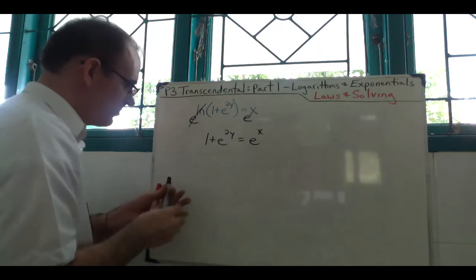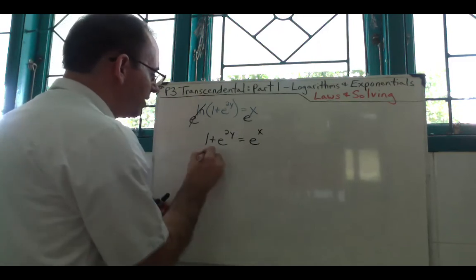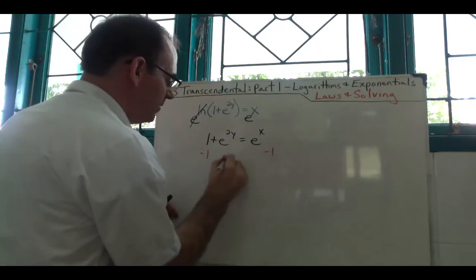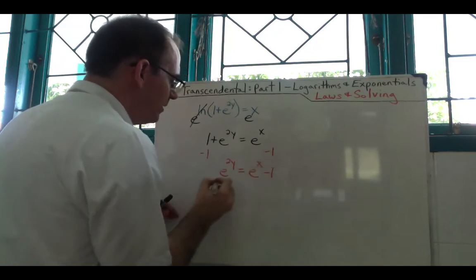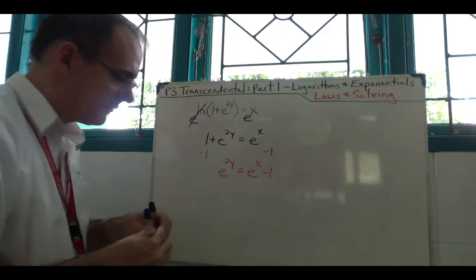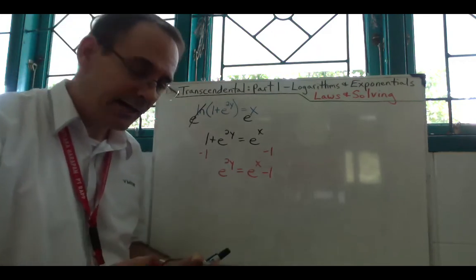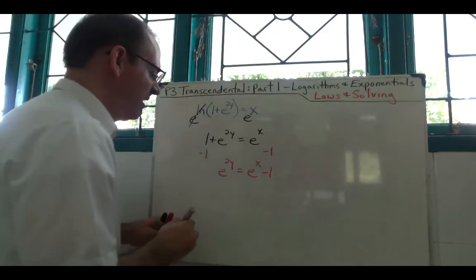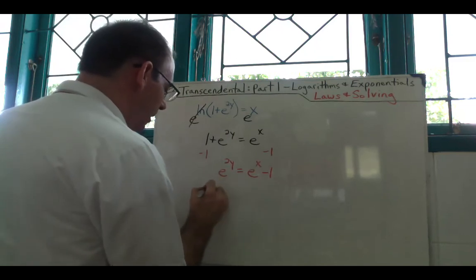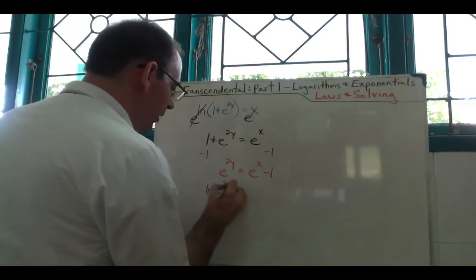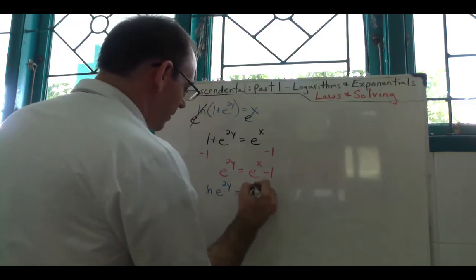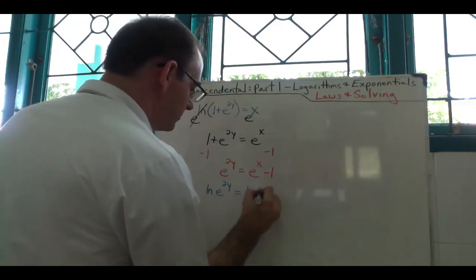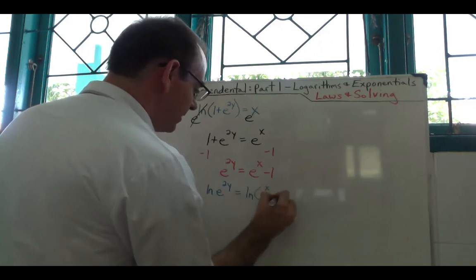So now we can subtract 1 from both sides. e to the 2y equals e to the x minus 1. And now to get rid of an e, we're going to ln both sides. So we get ln of e to the 2y equals ln of e to the x minus 1.